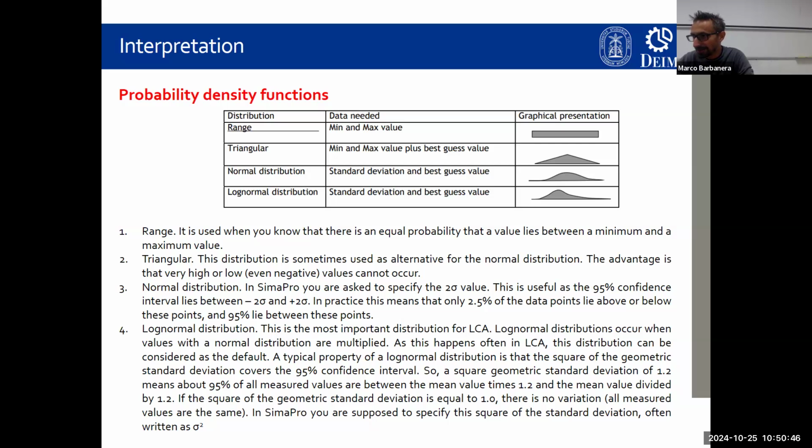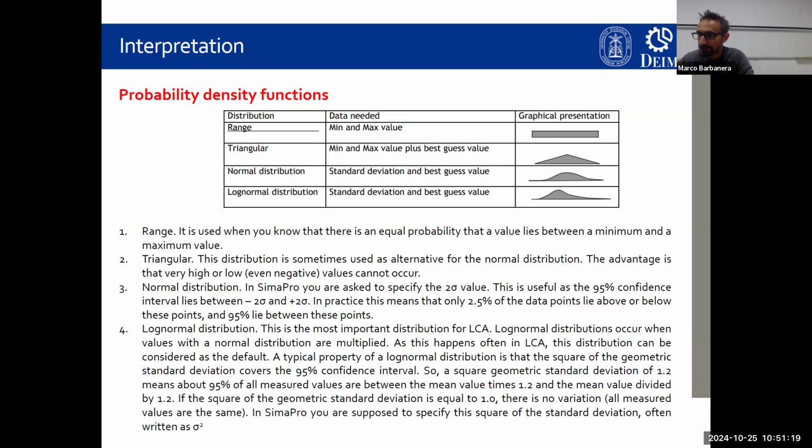We don't have a range of different kind of values for the same parameter. So the best guess value is easy to define. Instead, we can have very big difficulties to define the square standard deviation for each data.